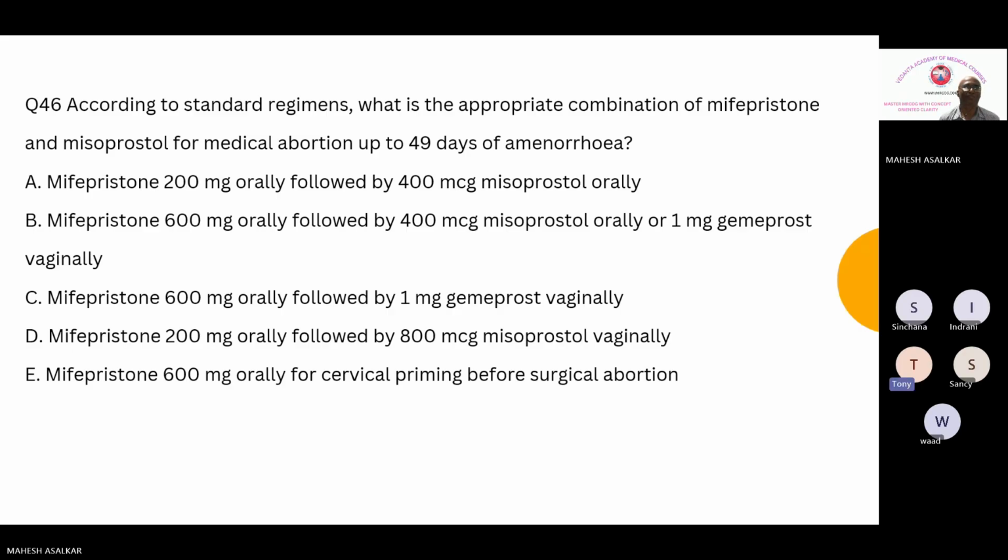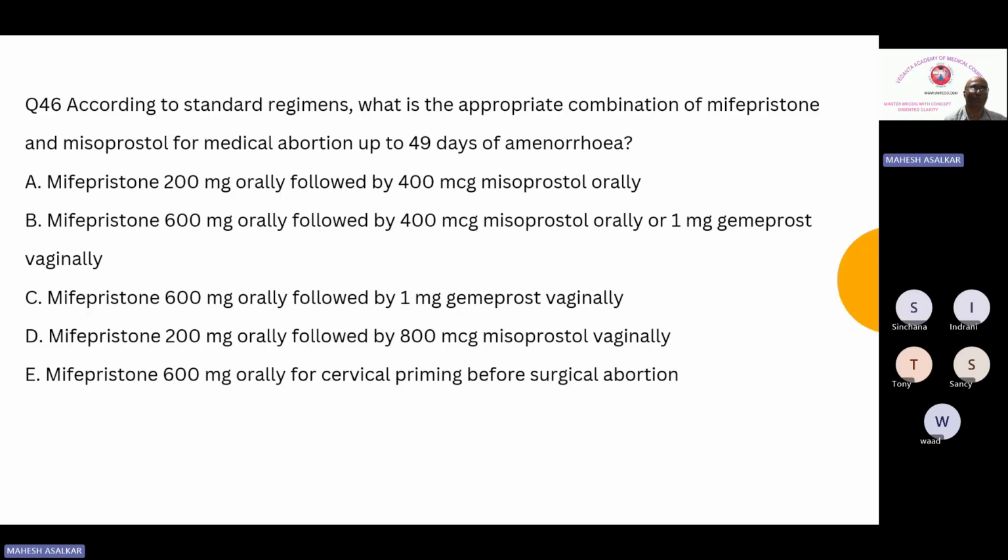Mifepristone 200 mg, followed by misoprostol 800 microgram. They are asking about 49 days. At 49 days, early gestation, the dose of mife is going to be high. We only have two options, 200 or 600 mife.